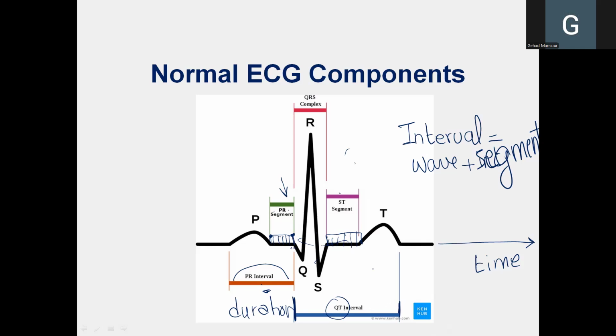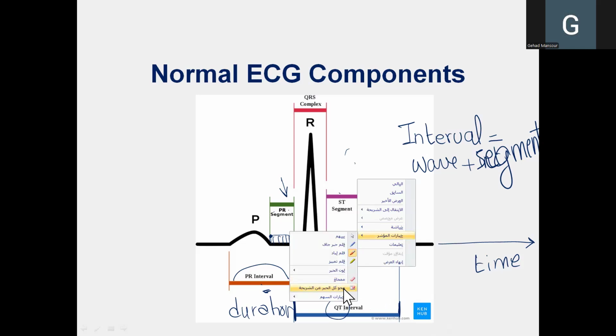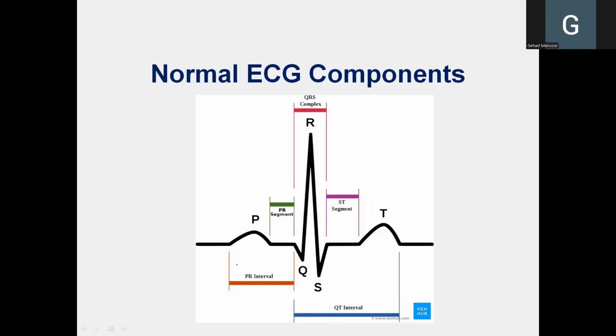It is another interval that we can see. So because the horizontal axis is the time axis, the importance of the intervals as well as that of the segments is in their duration. Are they within their normal duration, or are they shorter or longer in duration?